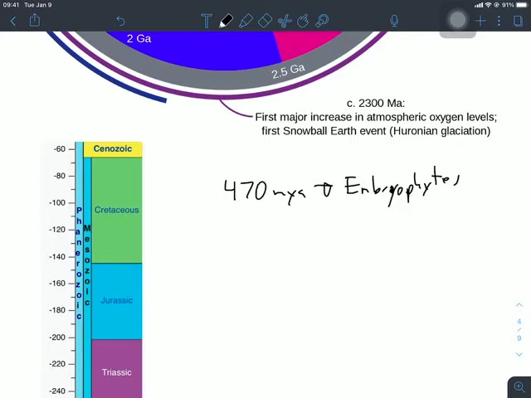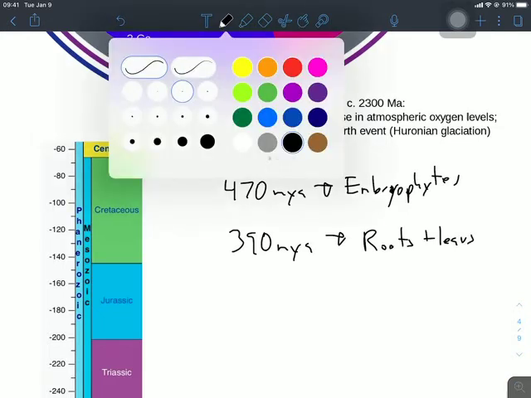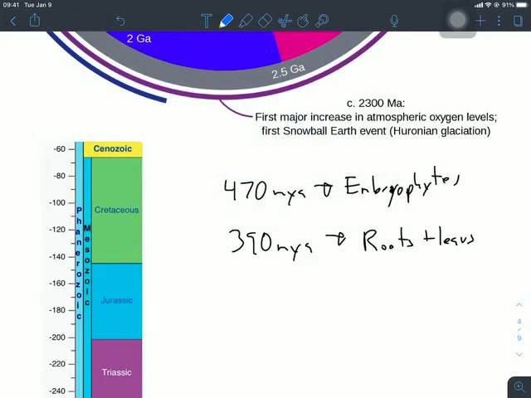From 470 million years ago to 390 million years ago, or thereabouts. At about 390, we would start to be able to recognize plants as land plants because they would have roots and leaves. And just for some context, because we can't talk about plants without at least mentioning some animals, we always consider sharks to be one of the oldest lineages on planet Earth.